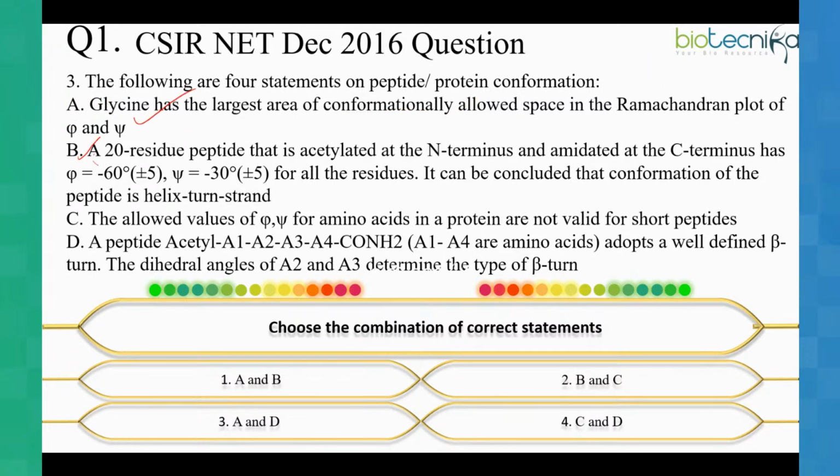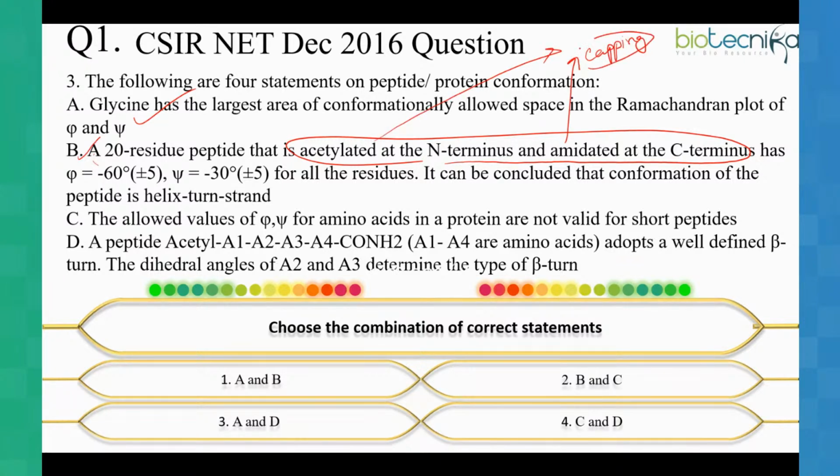Option B, so this is correct, but option B says, first of all, any peptide, if it has to resemble the dynamics of folding in the cellular environment, it should have the capping. So, acetylation, amidation, these are nothing but capping on the two sides of the protein, which will be done for protecting the protein and to help it fold in a better way.